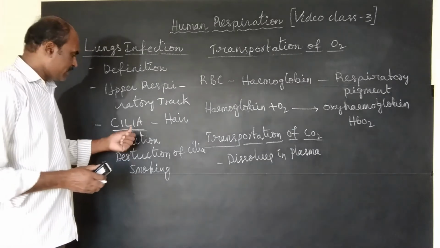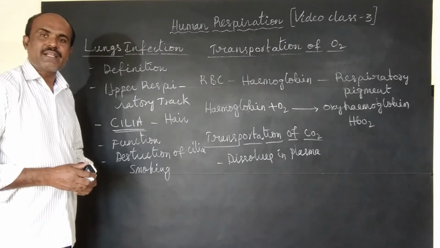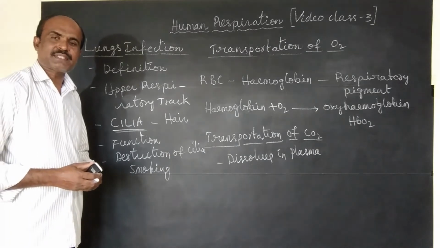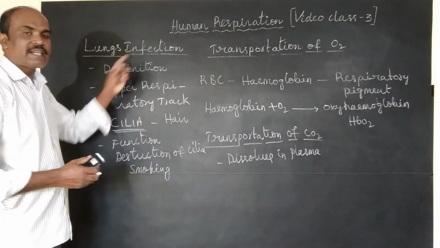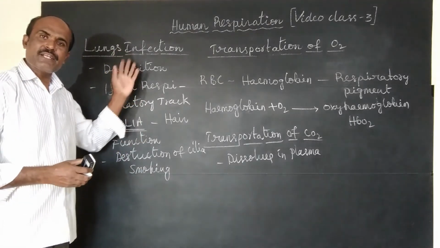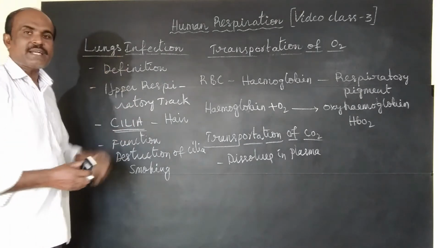When cilia get destructed, these germs, foreign materials, harmful chemical substances enter into lungs, and as a result, lungs get infected. So it may lead to lungs cancer also. So this is how lungs get infected.